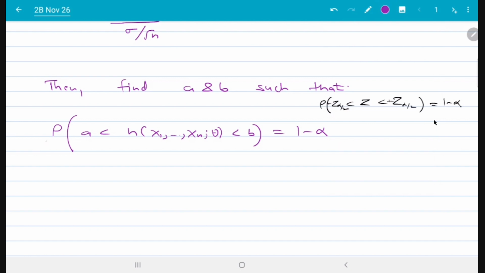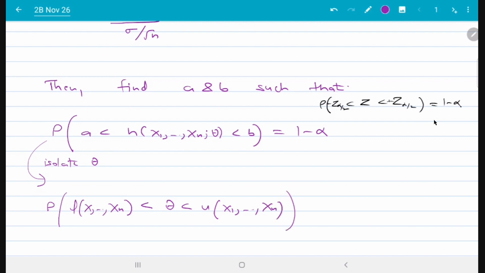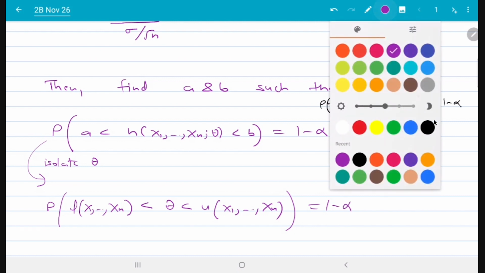Next, we need to isolate theta like this. One minus alpha.